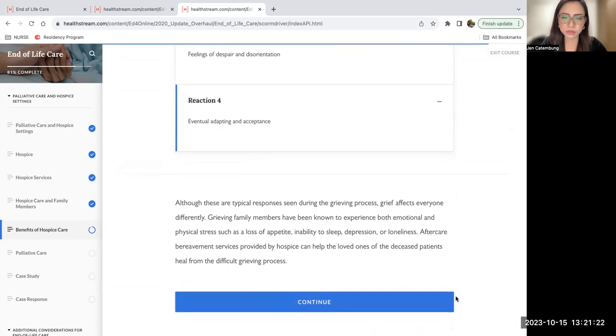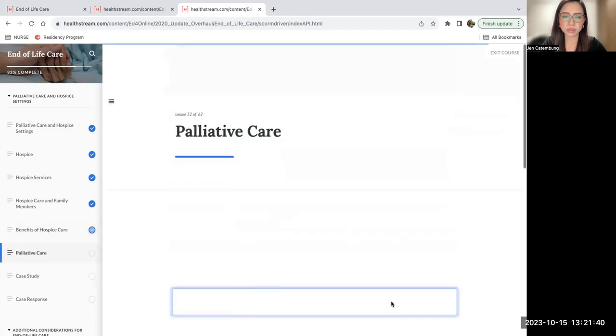Grieving family members have been known to experience both emotional and physical stress, such as a loss of appetite, inability to sleep, depression, loneliness. After-care bereavement services provided by hospice can help the loved ones of the deceased patients heal from the difficult grieving process.